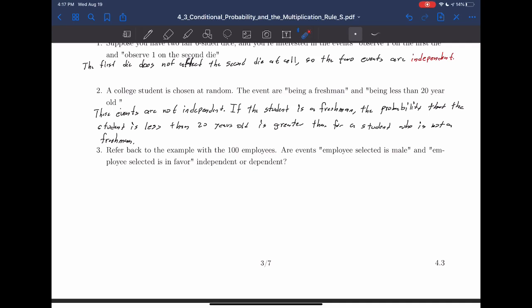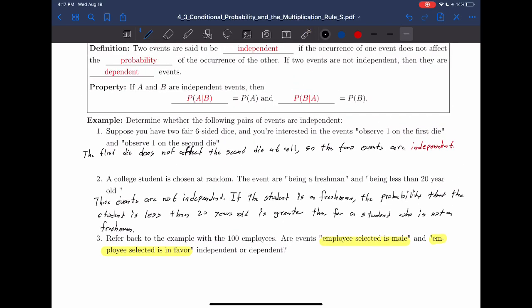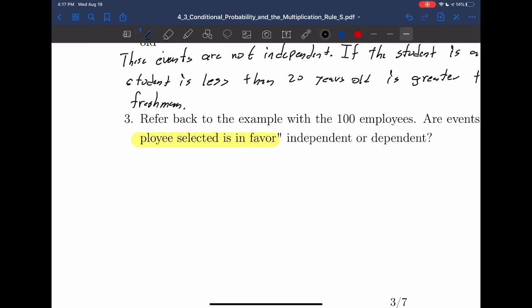Let's refer back to the example we did earlier with the 100 employees. We want to know whether the events, employee selected is male and employee selected is in favor of the policy, are independent or dependent events. And remember, if something is independent, then that formula is true.